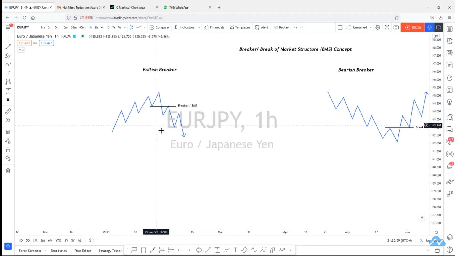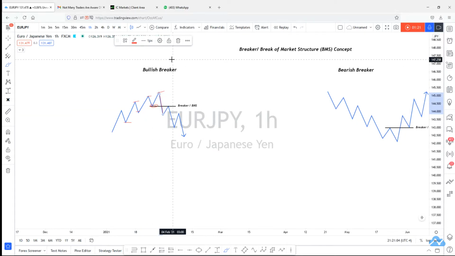Looking at this point, this low gave birth to this high, another low gave birth to a new high, another low gave birth to a new high. Now this low is taking out the previous high. Instantly, the market breaks this low, taking out the previous high.